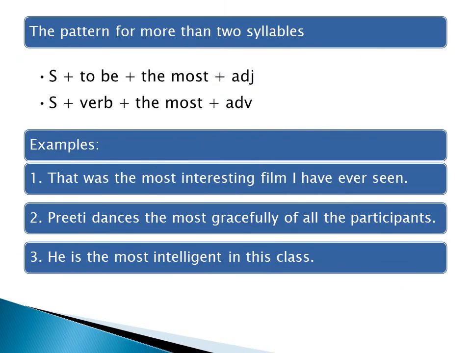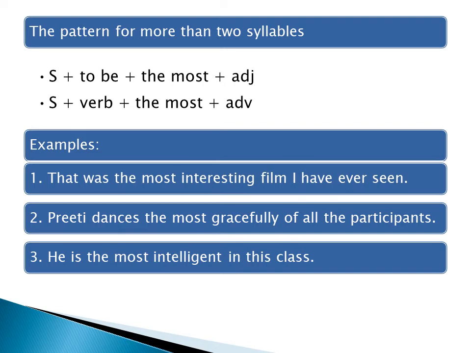The pattern for more than two syllables, subject plus to be plus the most plus adjective, then subject plus verb plus the most plus adverb. Examples, that was the most interesting film I have ever seen.